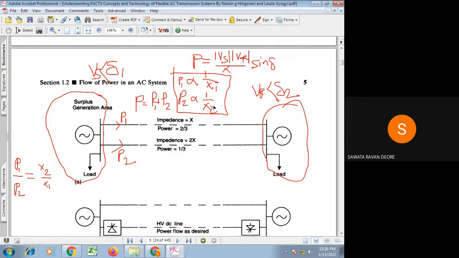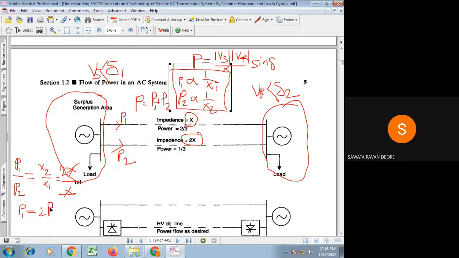Suppose here in this example, line 1 reactance is considered as x and line 2 reactance is considered as 2x. So x2 is 2x and x1 is x, and this x will get cancelled. So we can easily say that P1 is 2 times P2. Whatever power flows through line 1 will be 2 times that of line 2.